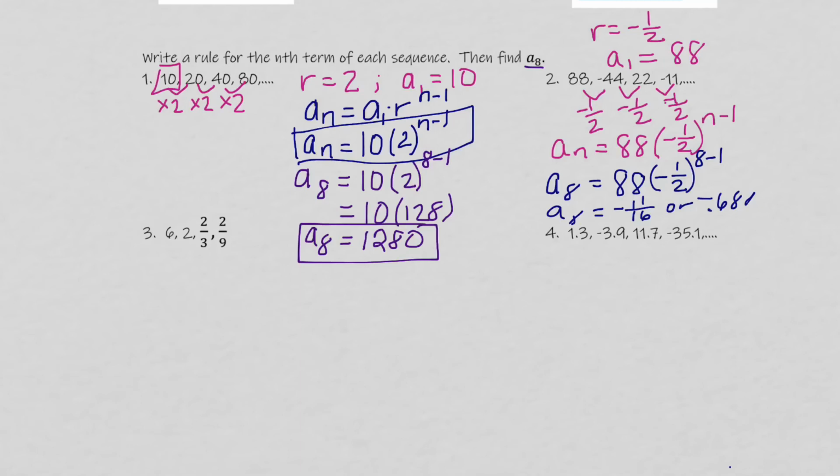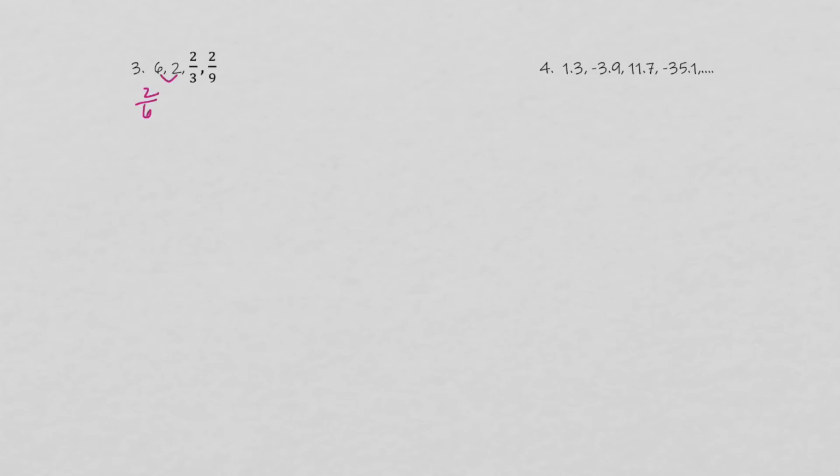All right. Let's look at the last 2, our decimals and our fractions. What happens here? On the first one, when I work this out, it would be 2 divided by 6, which would be 1/3 if I reduced it. If I took 2/3 divided by 2, and I know you can do this on your calculator too, but remember I multiply by the fraction and I would get 1/3.